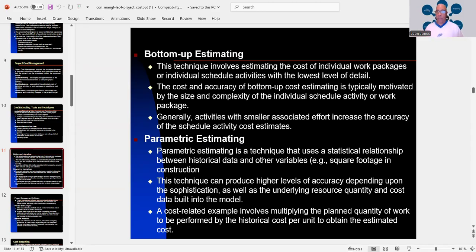Now, let me give you an example of that. If I am going to put down a concrete slab, and I'll make it easy for you, we're going to put that concrete slab down in square feet, and we're going to have a rectangular floor to start off with. Let's say we have a length of 20 feet and a width of 40 feet.